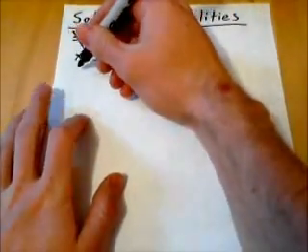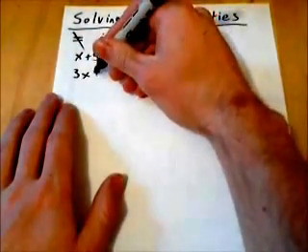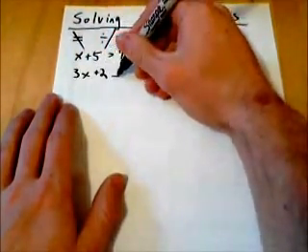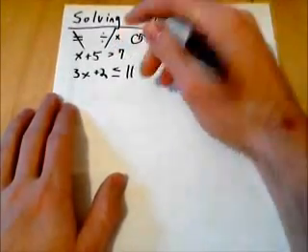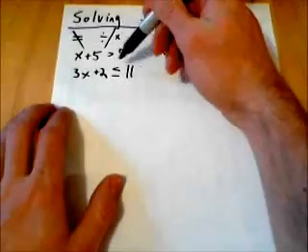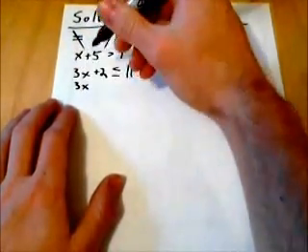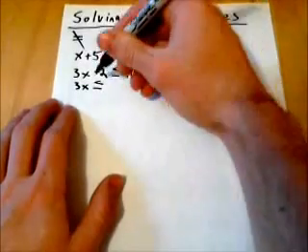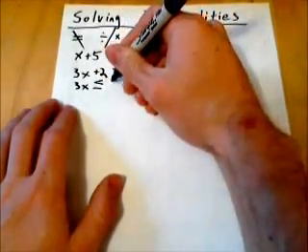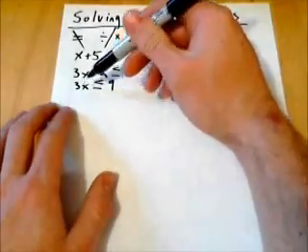So now let's take another example: 3x plus 2 is equal to or less than 11. Once again, we're going to subtract our 2 from both sides, and we'll end up with 3x is equal to or less than 11 minus 2, which is 9. Then, just like with an equation, we have to get our variable by itself.